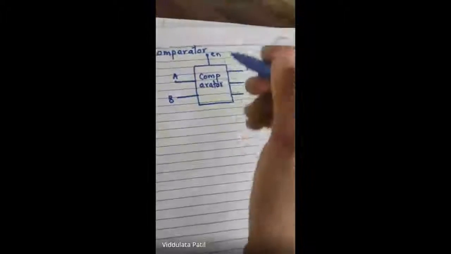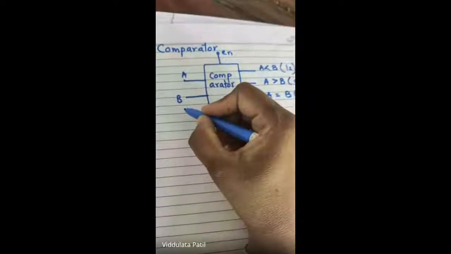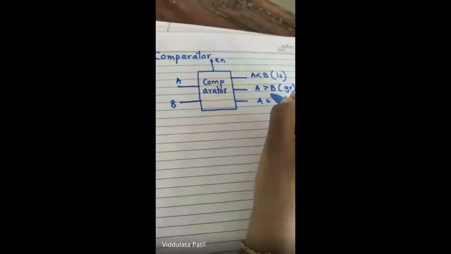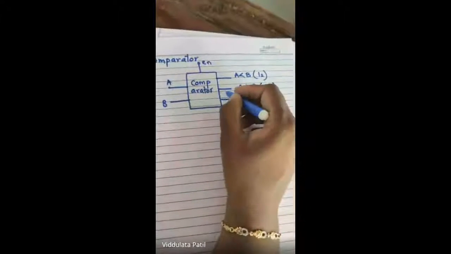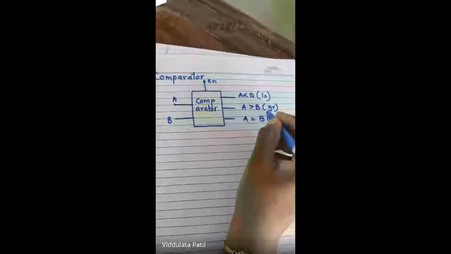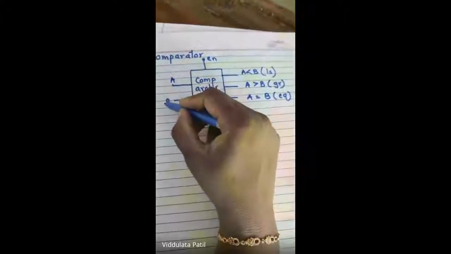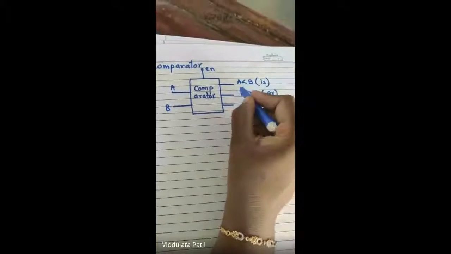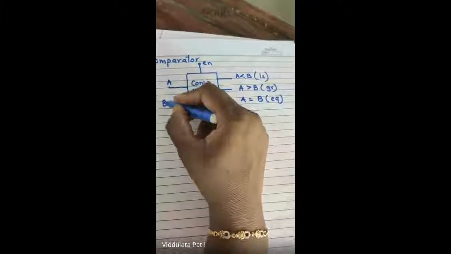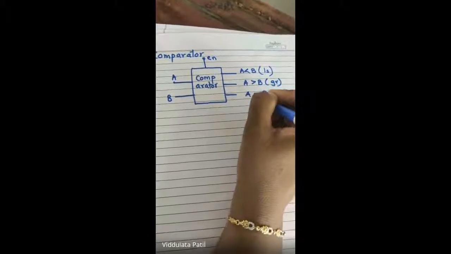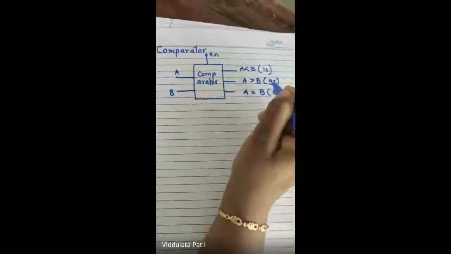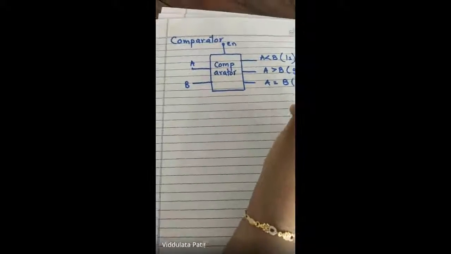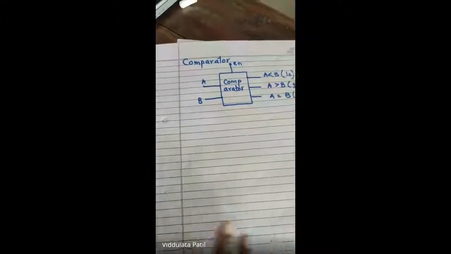Whenever A is greater than B, that time the output GR will be active high. When A is less than B, then LS will be high, and whenever both are of equal magnitude, that is A equals B, then EQ will be at a high logic level.